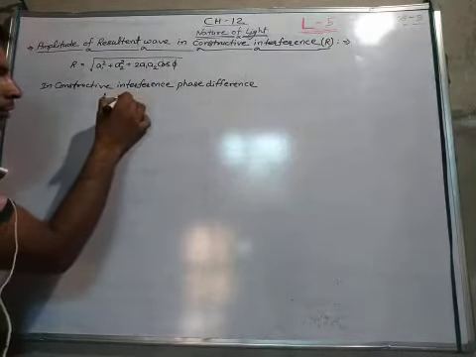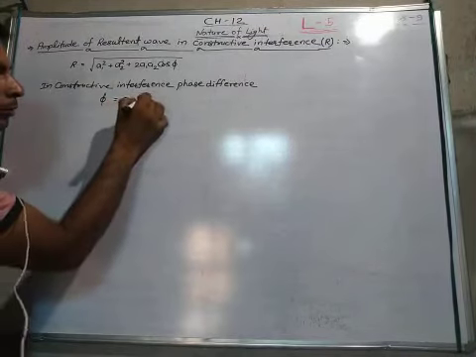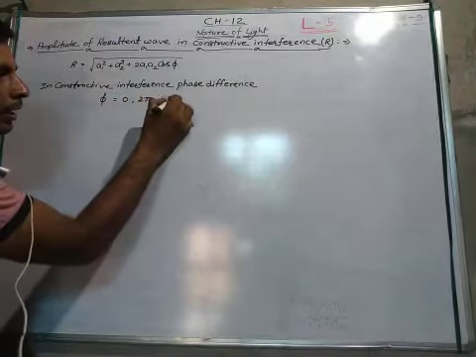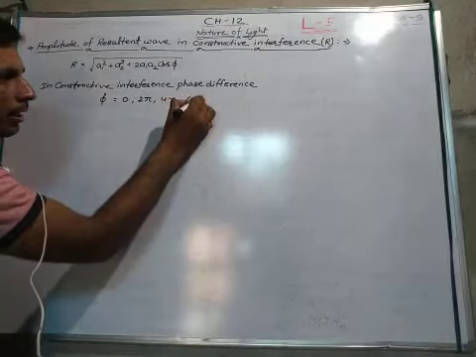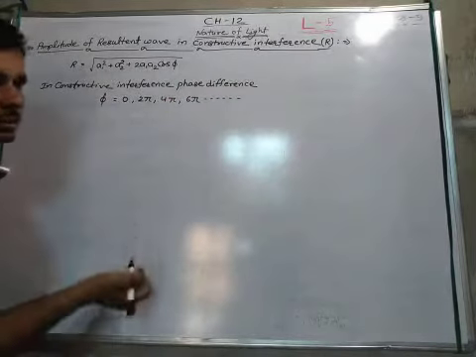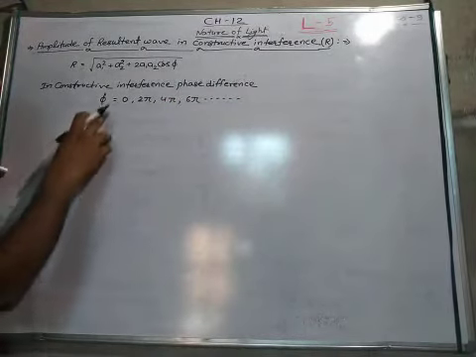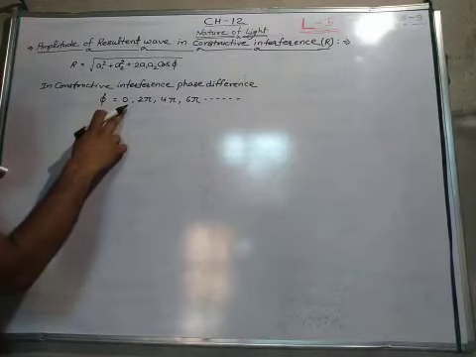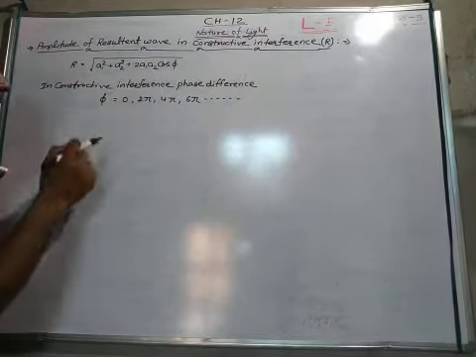Even multiple means 0, 2 pi, 4 pi, 6 pi, as this. Now we use 0 in the place of phi.